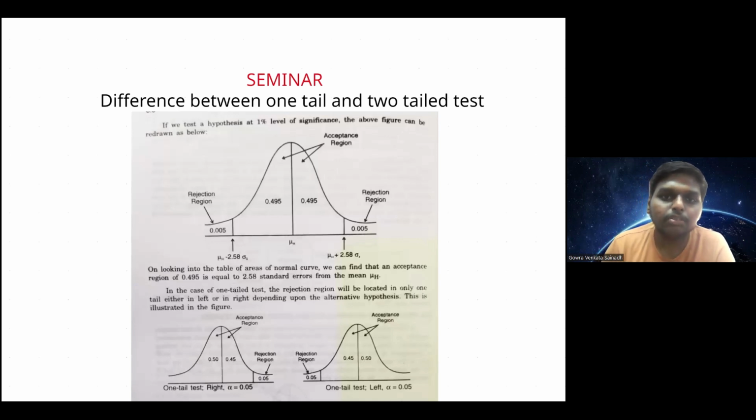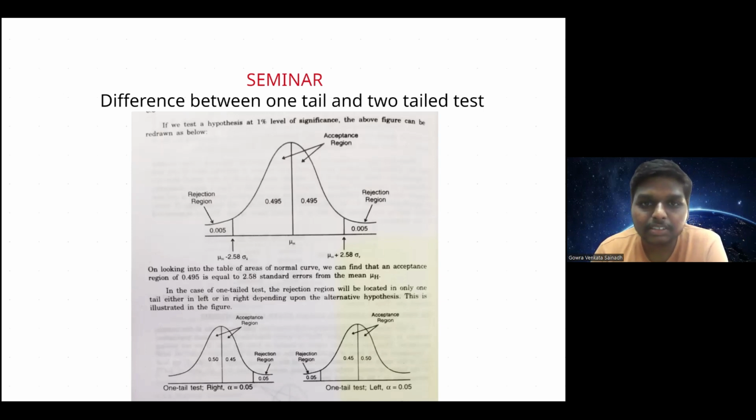When you look at the first picture, it gives a one-tail test, so the rejection area is at the right tail. Here the acceptance region on the left side is 0.50 and on the right side the acceptance is 0.45, and we have rejected 0.05 on the right.